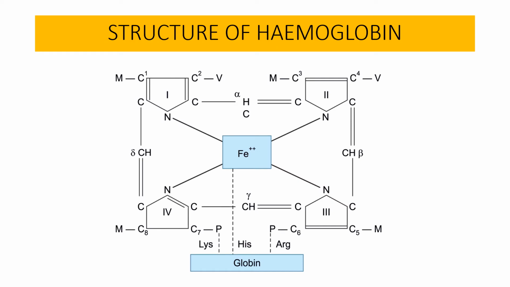Here there is one ferrous iron in the center and the rest is globin portion. Okay. See, this is one arm of the hemoglobin, and like this there are four arms, and the four arms together form one hemoglobin.